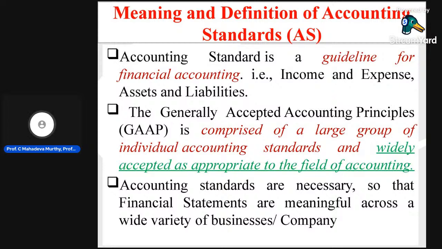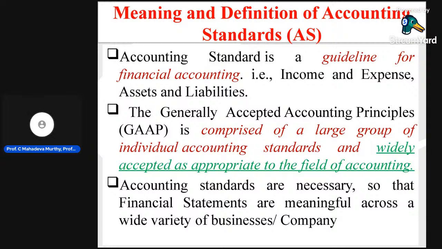In the global scenario we have seen more than 195, more than 200 countries, each country having its own accounting standards. In our country there are Indian accounting standards. Each country has American accounting standards, Indian, Japanese, each with its own. Therefore GAAP is most important.